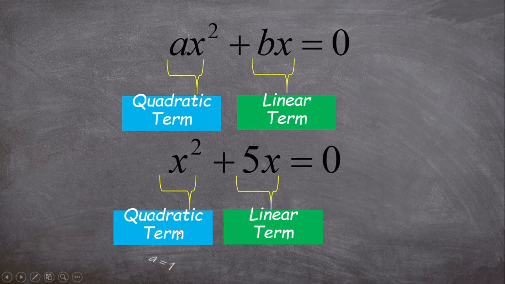So a is equal to 1 since there is an invisible 1 here, and b is equal to 5. Now, how do we answer the value of c? Even though there is no constant term here, we can understand that c is equal to 0.